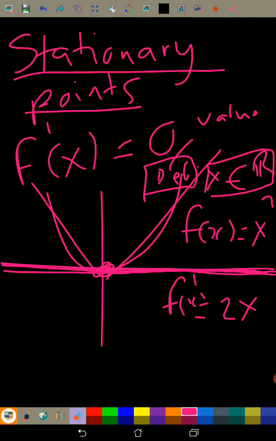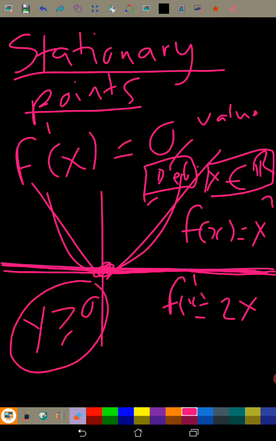Depending on the definition of the function, if we say that y is greater than or equal to 0, so this is the definition, we are not going to go down, then we will only have this positive.